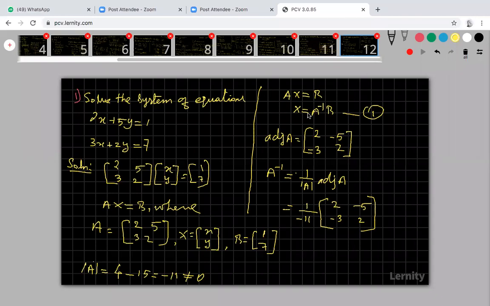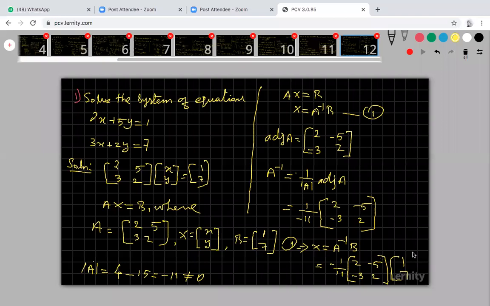Now what is the solution? The unknown matrix X is equal to A inverse into B. My A inverse is minus 1 by 11 times 2, minus 5, minus 3, 2, into B, which is 1 and 7.